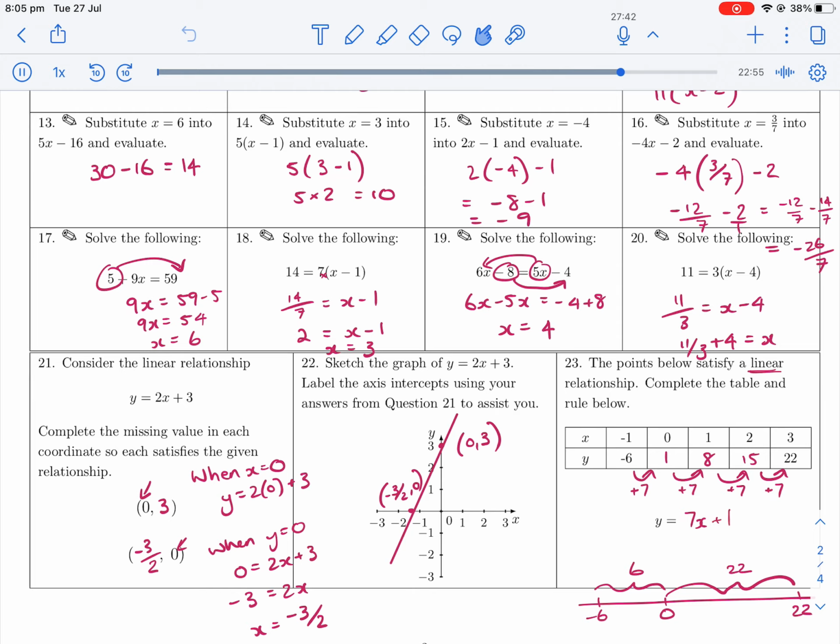Good, let's test that. 7 times 1 is 7, plus 1 is 8. Good. 7 times 2 is 14, plus 1 is 15. Yes, good, that works. All right, coming down to step 3.